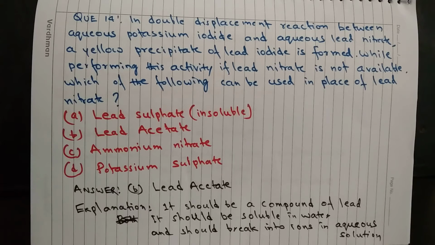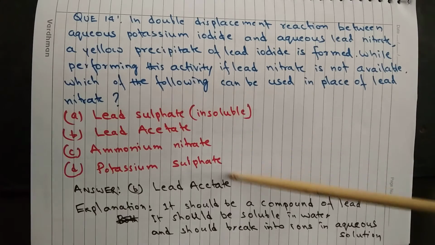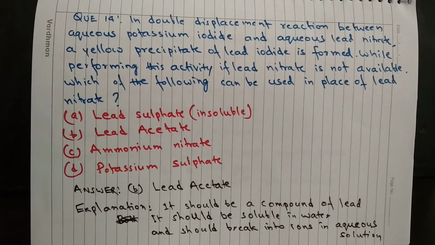We need to get lead iodide as a product, so one of the reactants should have lead as its component. So we need a compound of lead, and that is why options C and D can be easily ruled out because lead is absent in these compounds.